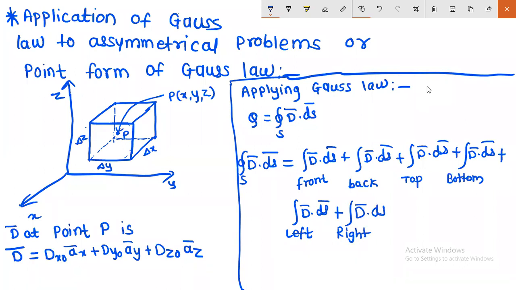Okay, means this closed surface integral of D bar dot dS bar is the sum of all sides integral.